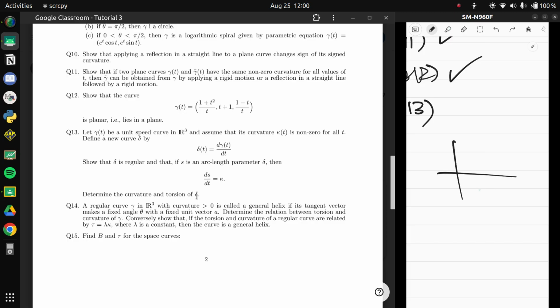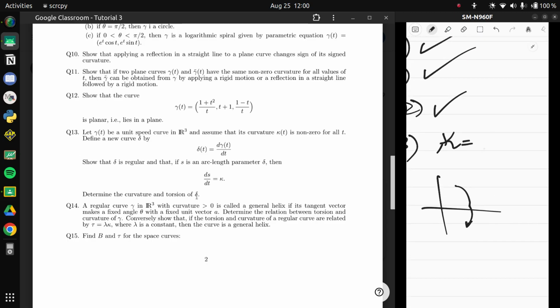So the curvature kappa is just, well, that was not bad at all. It really depends if it's going forward or going backward, but whatever. So the unsigned curvature is just going to be the magnitude of delta of t. So let's just say delta of 0, right? And the torsion is going to be 0 because it's a planar curve. I mean, come on, it's constant, like unit length, all that.